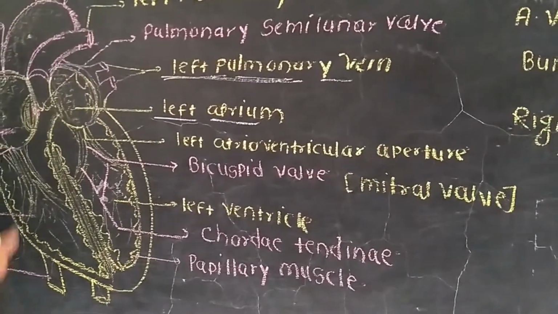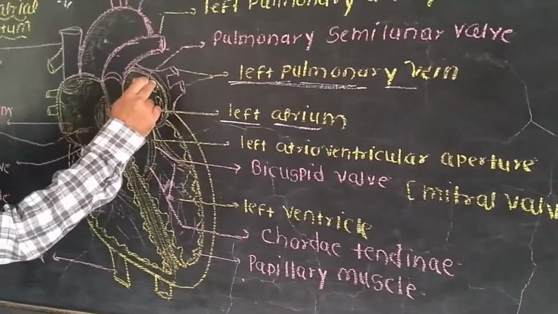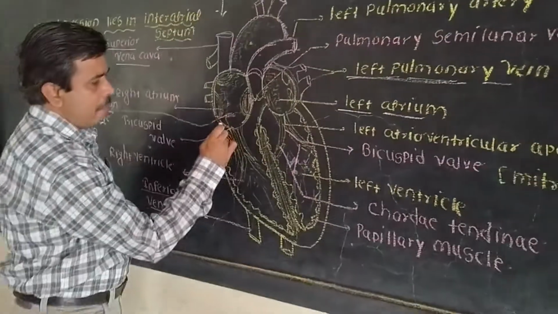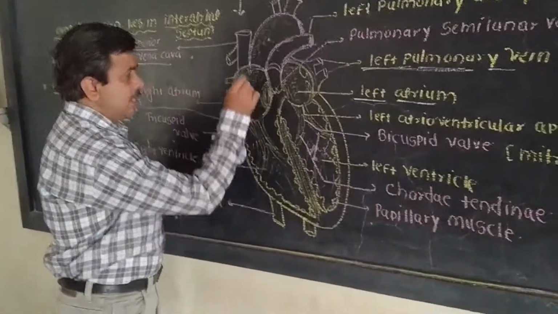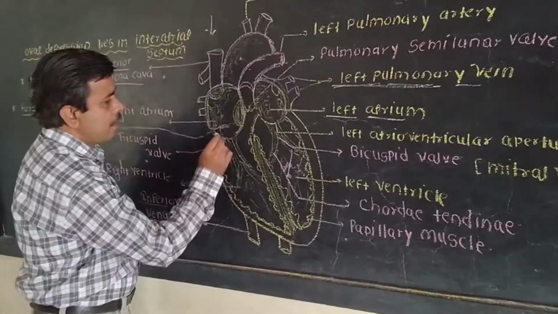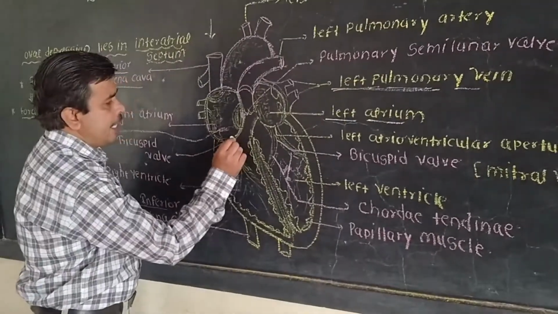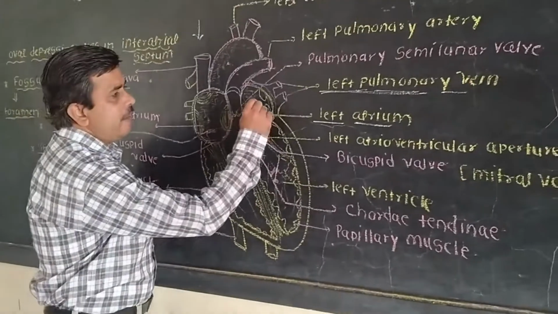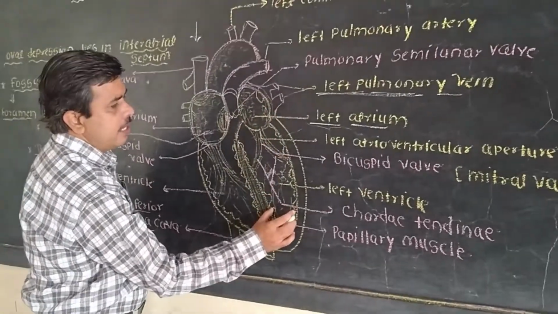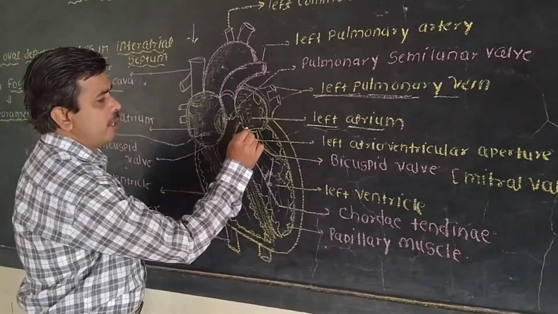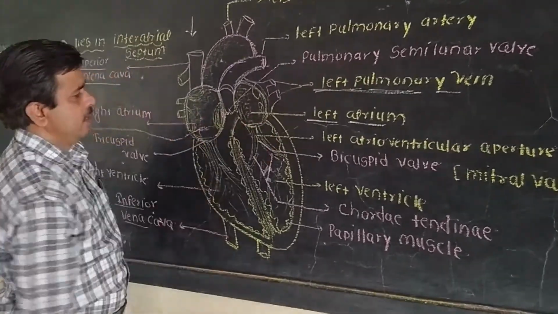Okay. Now these two atria open into the ventricles by apertures. The right atrium opens into the right ventricle by the right atrioventricular aperture, and the left atrium opens into the left ventricle by the left atrioventricular or auriculoventricular aperture.